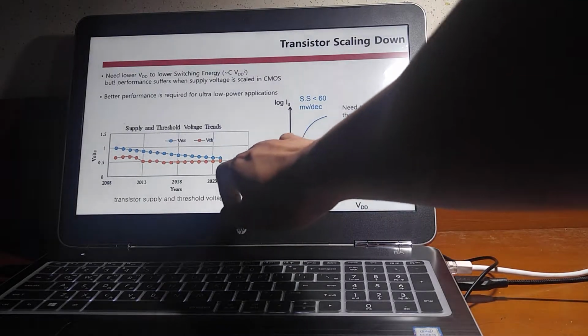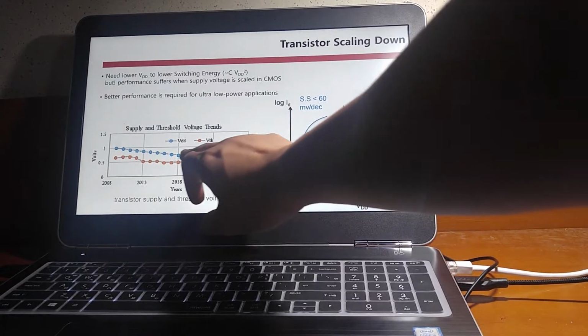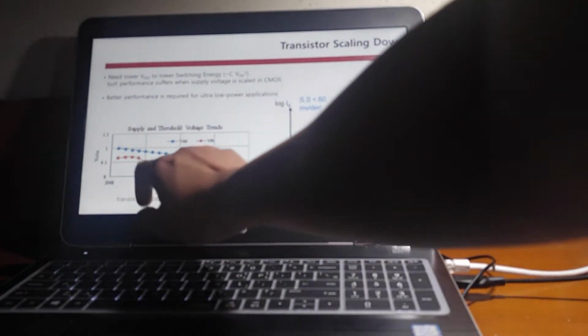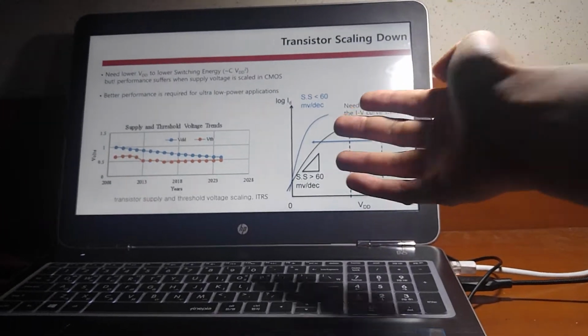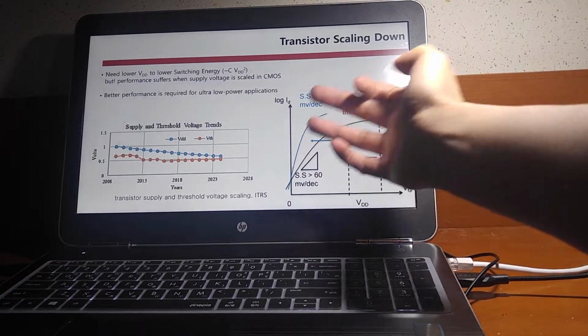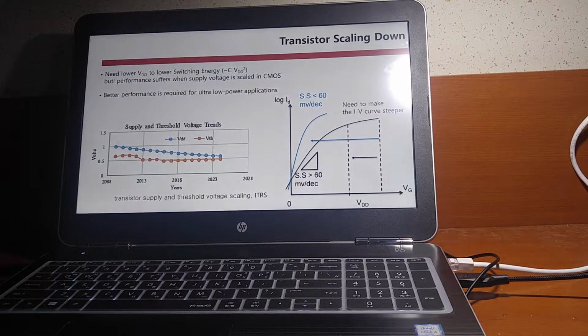And as you can see in this graph, we have succeeded in reducing the supply voltage, but it is really hard to reduce the threshold voltage. And if the subthreshold swing is smaller than 60 millivolt per decade, the switching will be very good.